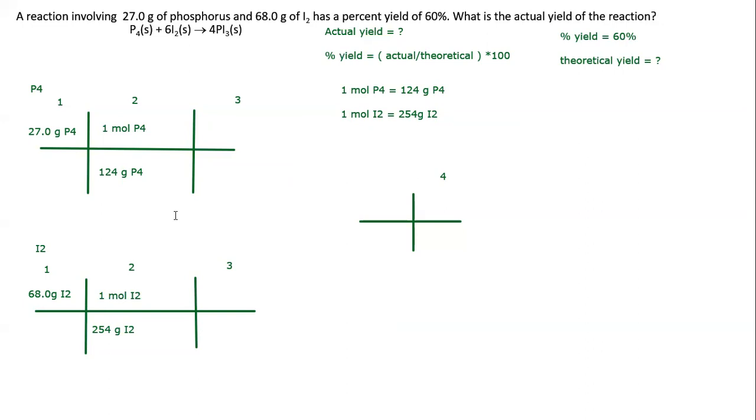Slot 3, that's the mole ratio between the reactant and the product. So for phosphorus, 1 mole of phosphorus gives us 4 moles of product. So since we're starting with phosphorus, it goes on the bottom, and phosphorus triiodide goes on top.